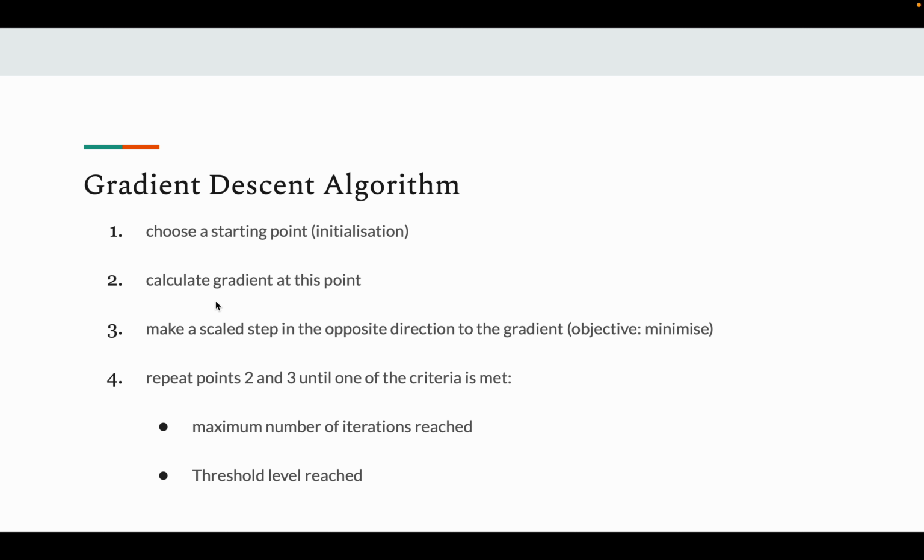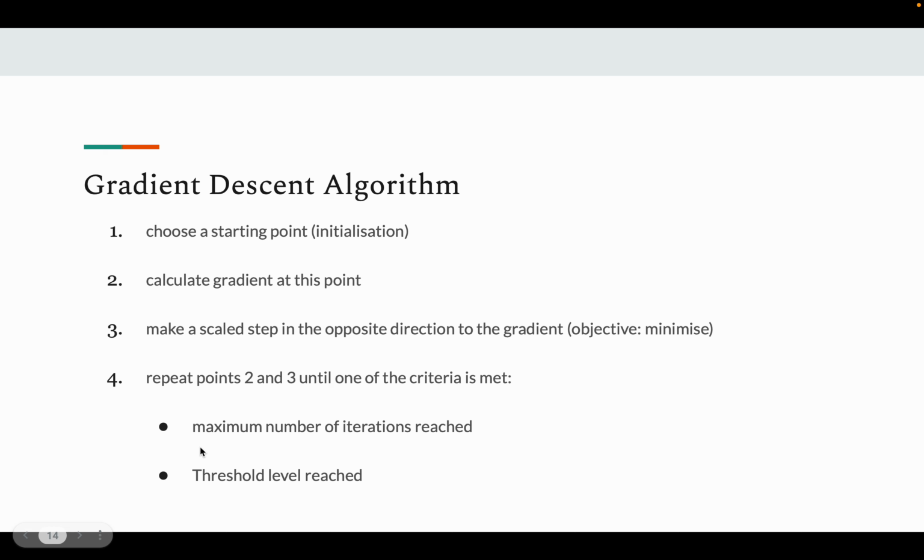I will explain it in detail, but just understand that we have to calculate the gradient. Then we need to update the m and c values with this gradient. Then we repeat these two steps, so consider it as a for loop. Then there is the question of when to exit the loop.